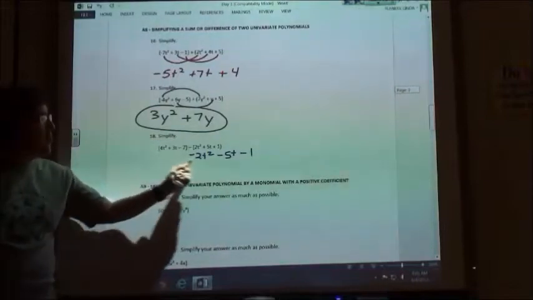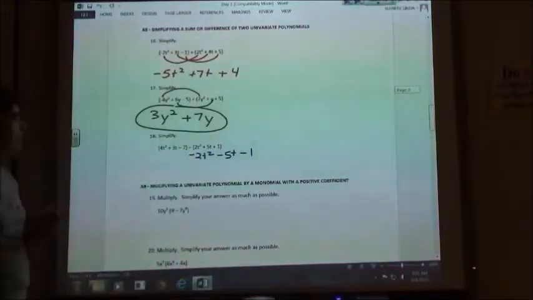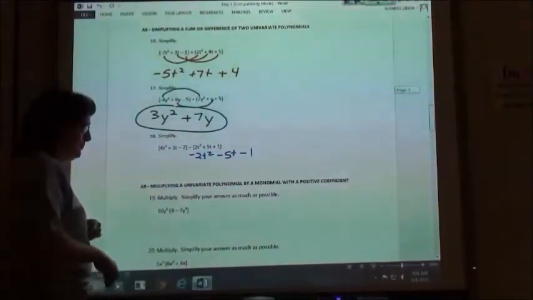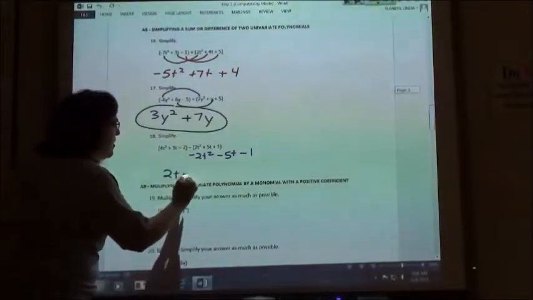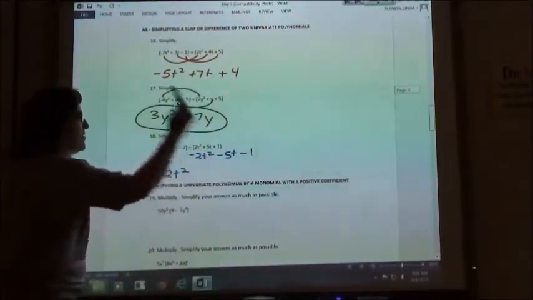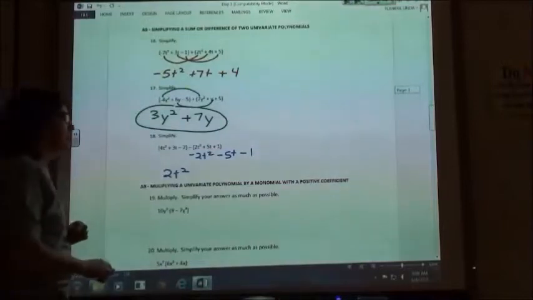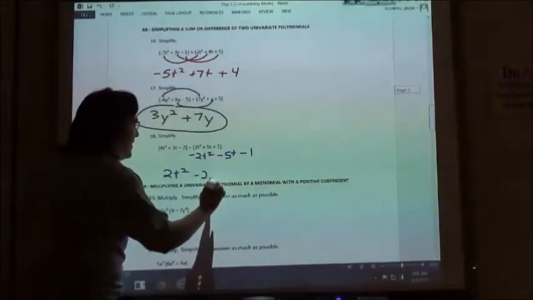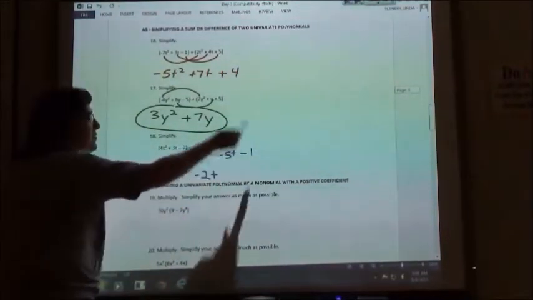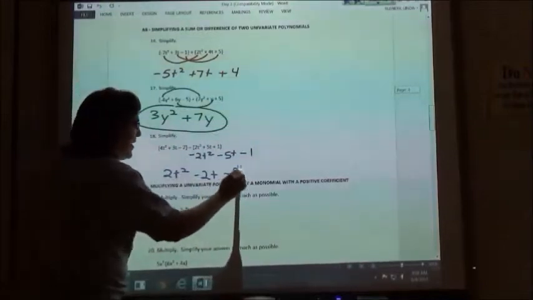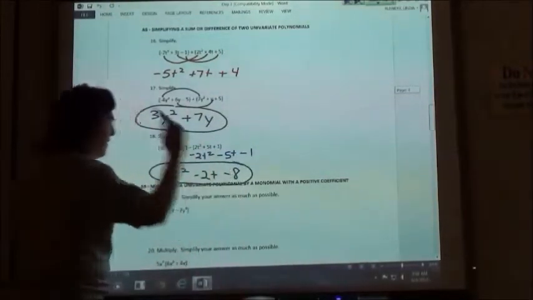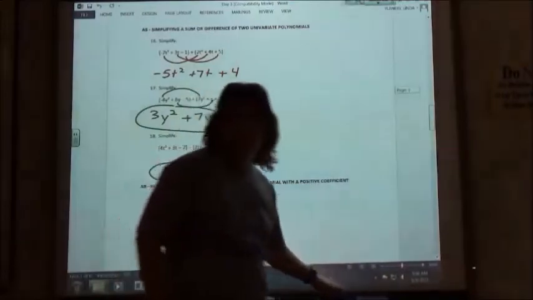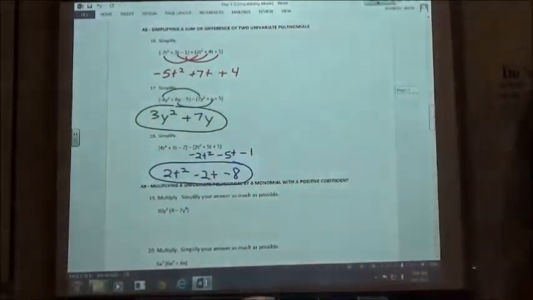So 4t squared minus 2t squared is 2t squared. 3t minus 5t, negative 2t, and negative 7 minus 1, negative 8. Okay, you already know that one.